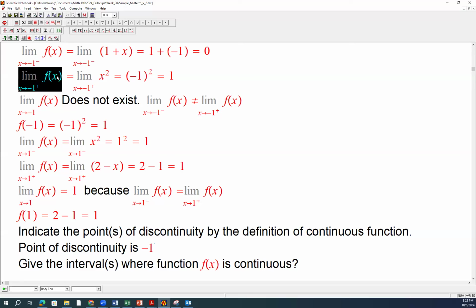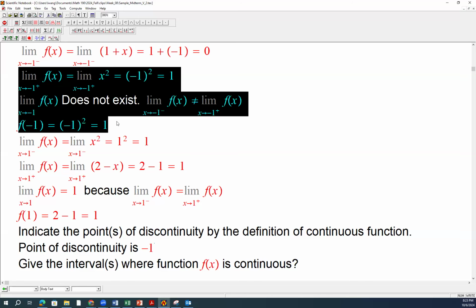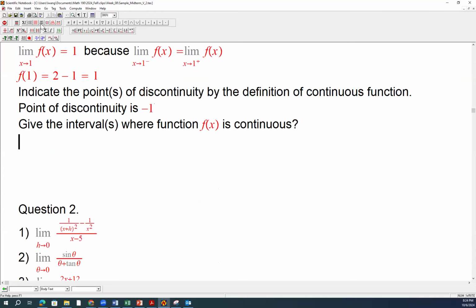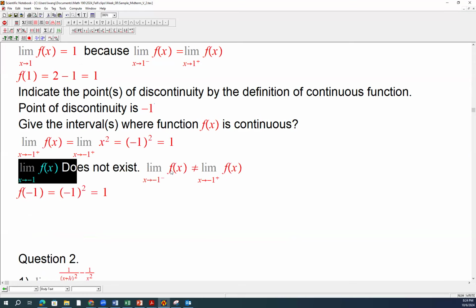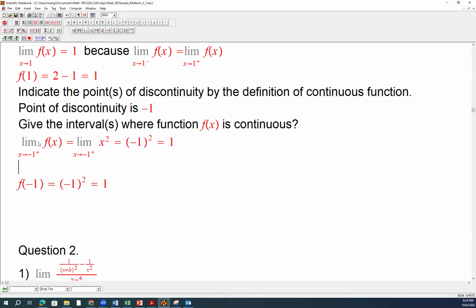So we have the limit as x approaches -1 from larger than -1. Let me copy and paste this piece. The middle part we don't need, so we just need to quote that information.